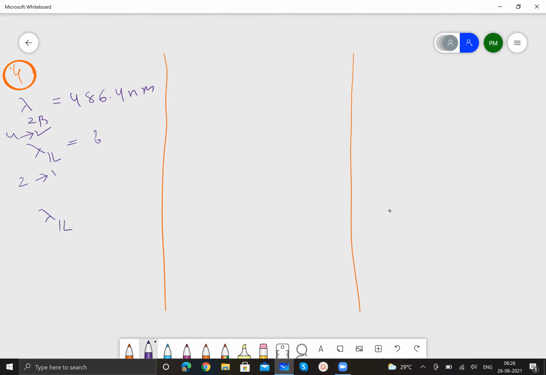So lambda 1L by lambda 2B, what I mean is the wavelength of the first line in Lyman series by the wavelength of the second line in Balmer series, should be 1 by 2 square minus 1 by 4 square by 1 minus 1 by 4. So this is 1 by 4 minus 1 by 16, by 3 by 4.